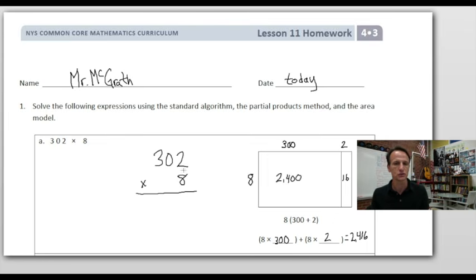So 8 times 2 we know is 16. And note that I am lining up my place values. Important. The 8 times 0 we can just omit because we would just have 0 written here, and we know that's not going to change anything. We didn't have anything we're regrouping or anything to deal with there.